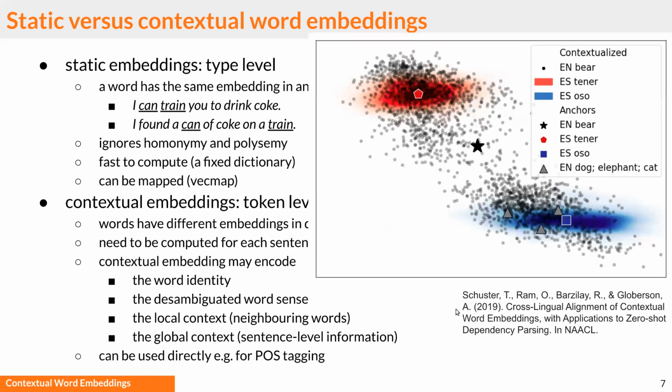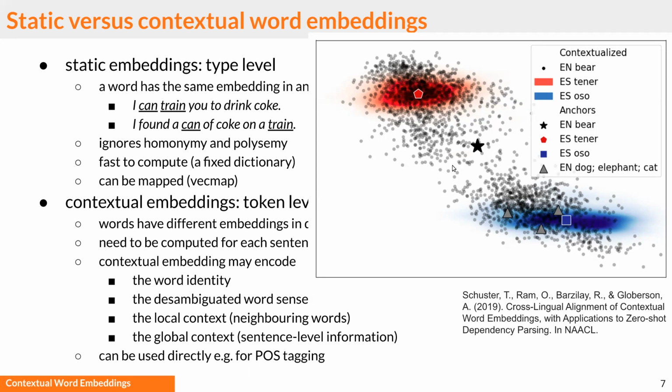There is one image from a paper that tried to link together static and contextual embeddings, and the example is English and Spanish. You have the English word bear, which has two meanings.